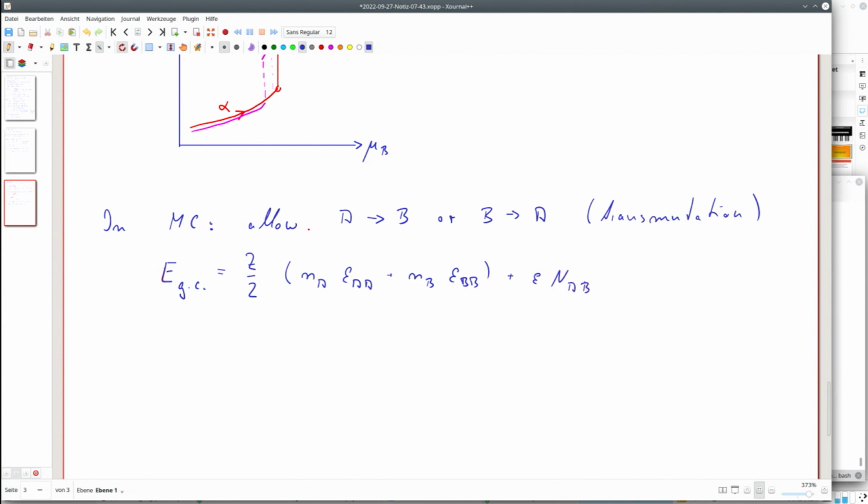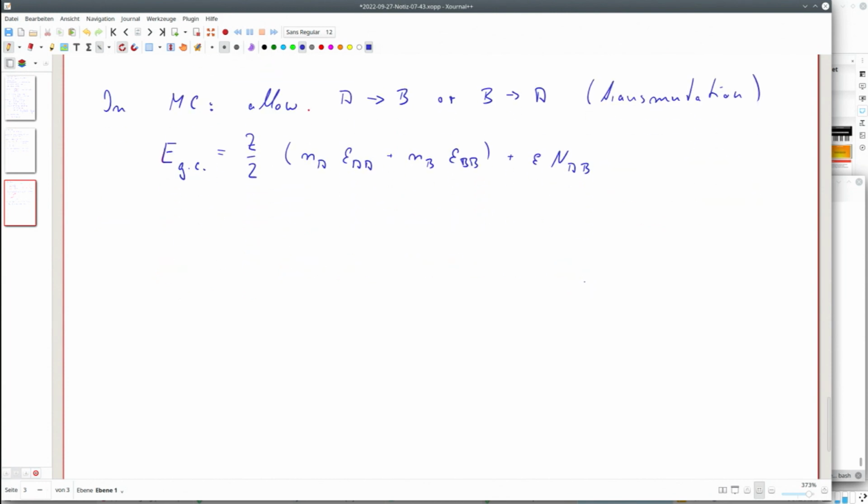That's the total energy. But now we have this term here, which is no longer constant if we change the number of A atoms or the number of B atoms.